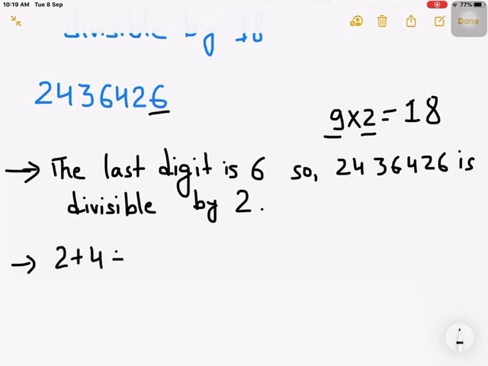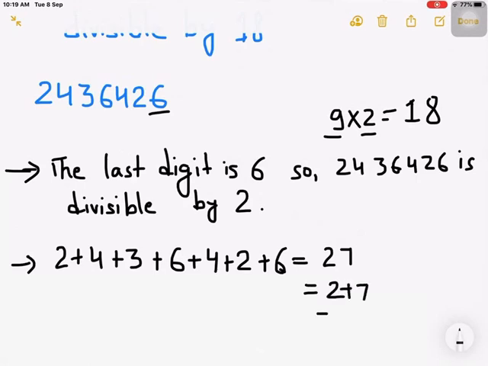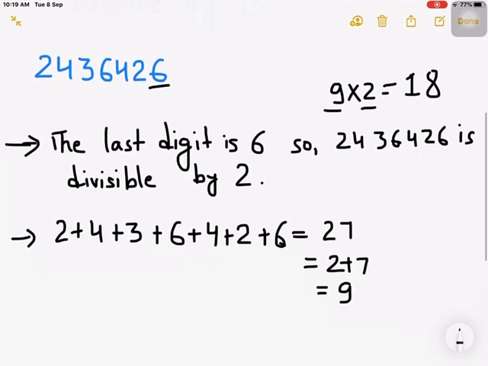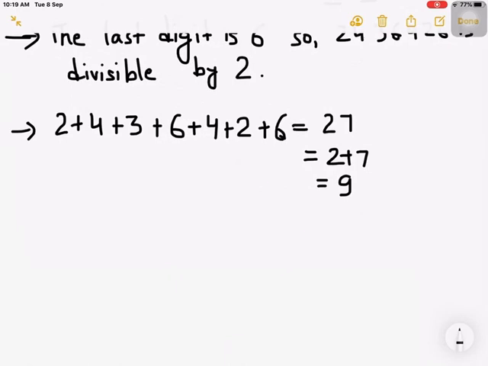So let us add 2, 4, 3, 6, 4, 2, 6. 1, 2, 3, 4, 5, 6, 7 digits. So what is the sum here? Here the sum is 27. Understood? The sum is 27 and 2 plus 7 is 9. Yes, it is divisible by 9.